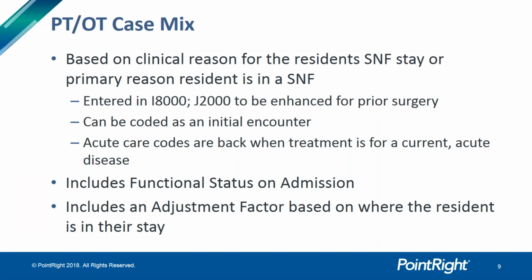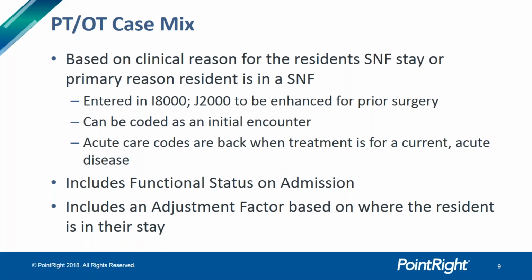And then the second element that we're going to be looking at is whether or not a prior surgery was included. And folks that have looked at the new MDS item set will notice that at J2000 there's a question about whether or not there was surgery in the last 100 days or not.